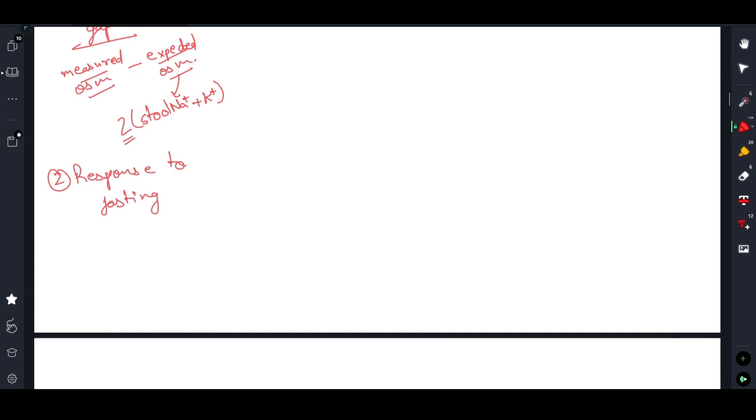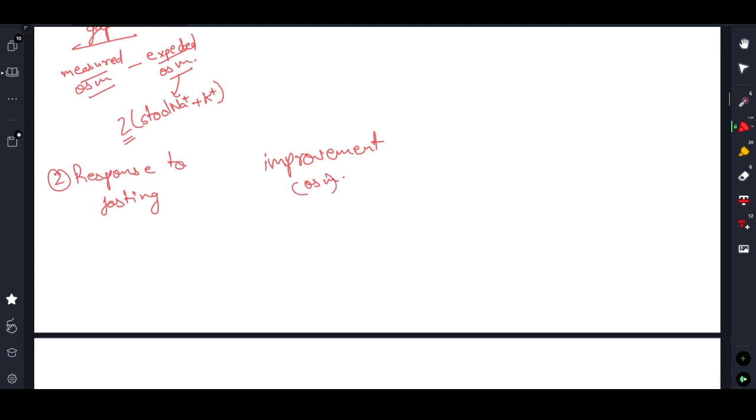Now, when there is no nutrient, there is no increase in the unabsorbed nutrient, and if there is no increase in the unabsorbed nutrient, there will be no increase in the osmotic load, due to which there will be no drawing in of water into the lumen from mucosa, right? Due to which the stool water content will not go up. So, in response to fasting, osmotic diarrhea will show improvement, right? So, osmotic diarrhea will show improvement in response to fasting.